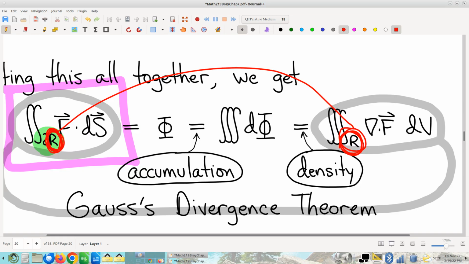If your flux isn't through a boundary of something, then there is no something to even talk about a triple integral over. It's not that this triple integral doesn't compute what you want. It's that there is no triple integral. Right? So, super, super important point here.